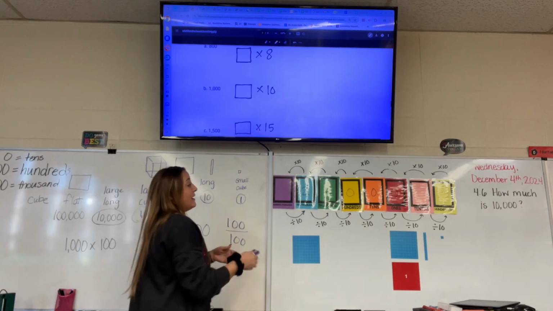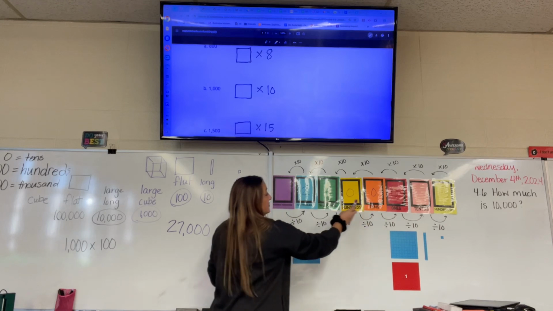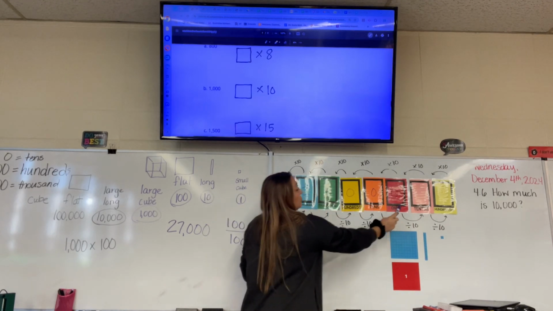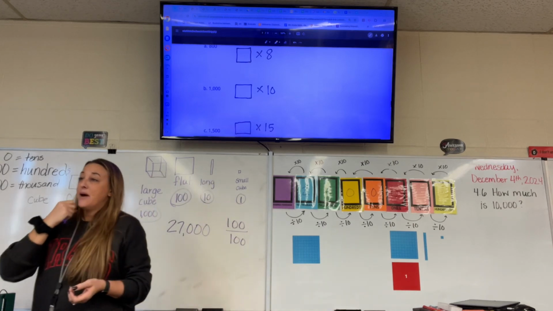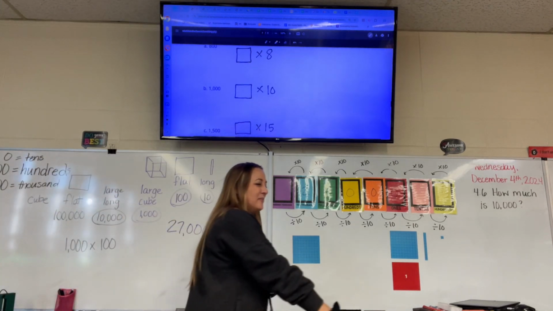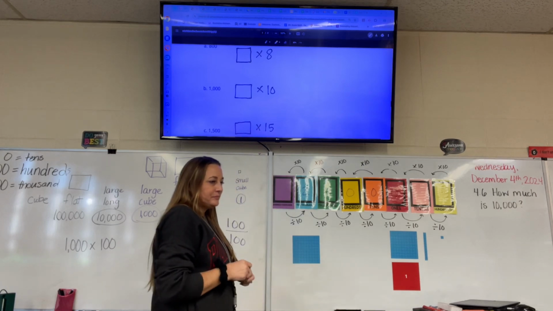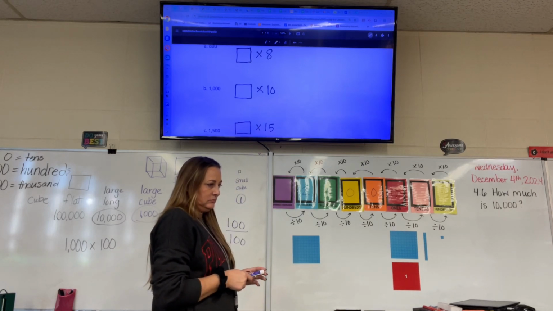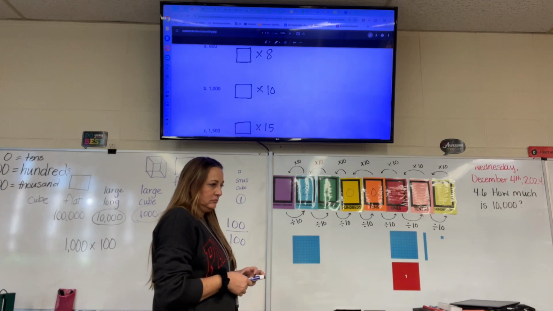If you had only $1 bills, it would be 27,000 $1 bills. Oh, I recognize something. What? In dollars, the pile gets bigger as this number gets smaller.